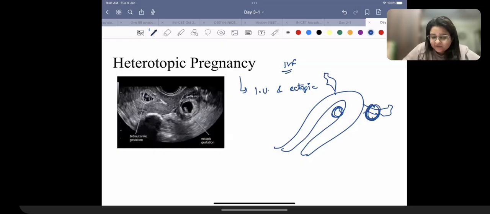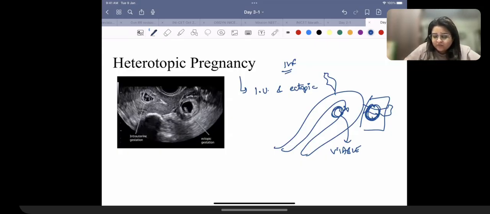Now, if the intrauterine pregnancy is a viable pregnancy, that means it is a live fetus and the mother wants to continue the pregnancy, then what should she do? What is the best option for her? It is not methotrexate, it is only and only surgical management. Because if you give methotrexate, it's going to kill the intrauterine pregnancy also.